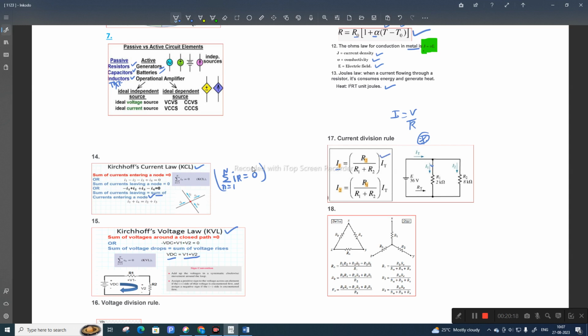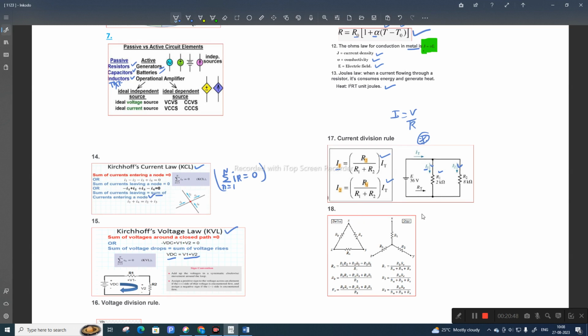So you will find the I1 current. Similarly for I2, you consider the branch R1: R1 divided by R1 plus R2, into the total current. If you do this, you will get the I2 current. So without much complication in competitive exams, if you directly apply this formula, the problem will be solved in just 15 to 20 seconds.